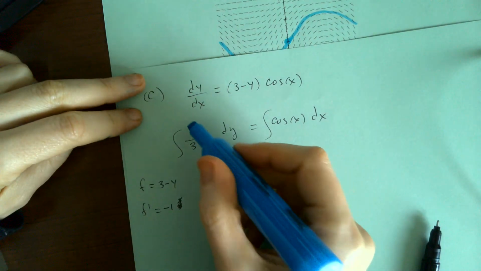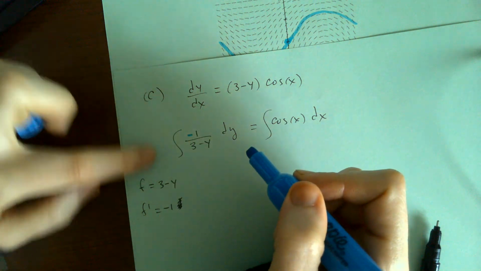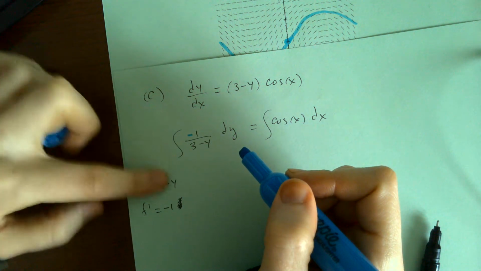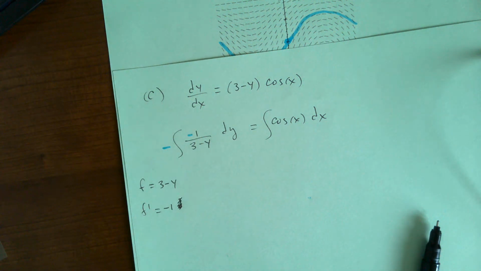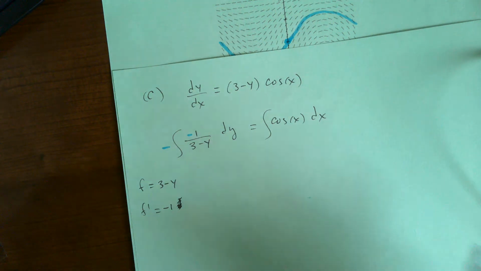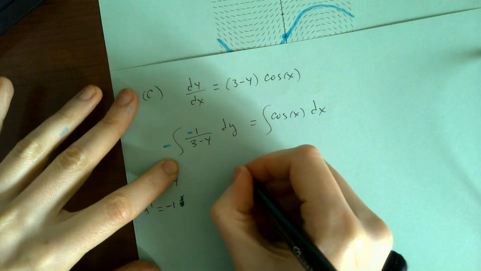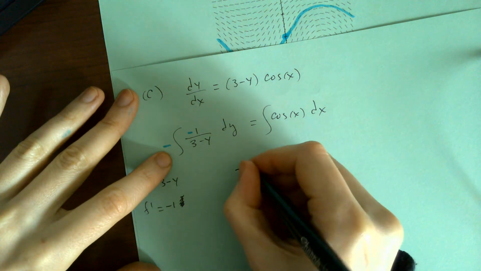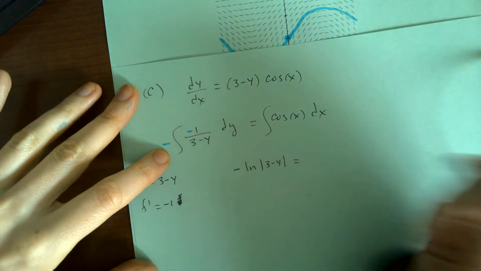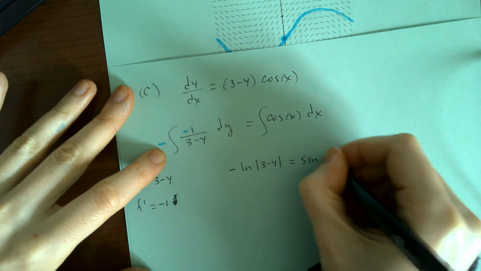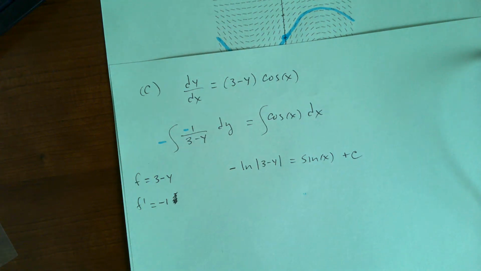I multiply by negative 1 over negative 1, and the 1 over negative 1 you take out front, but that's just negative 1. So basically just a double negative. And then I bring down this negative natural log absolute value of 3 minus y equals the antiderivative of cosine, which is sine, plus c.